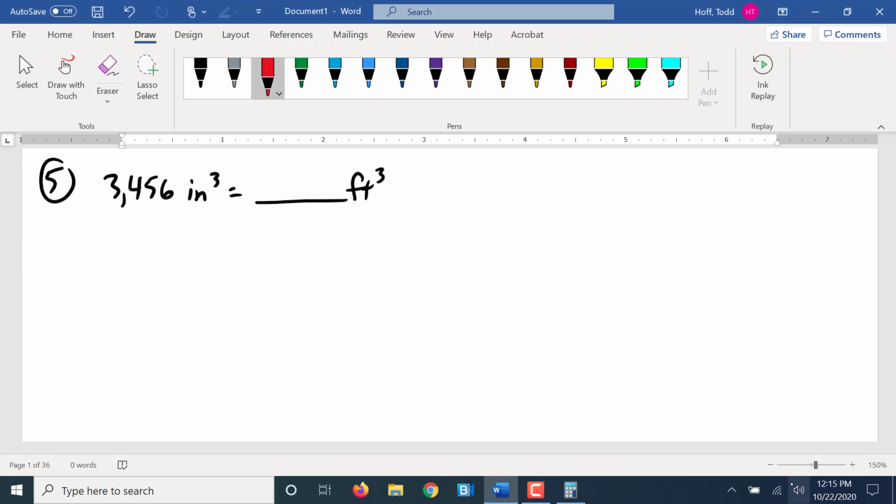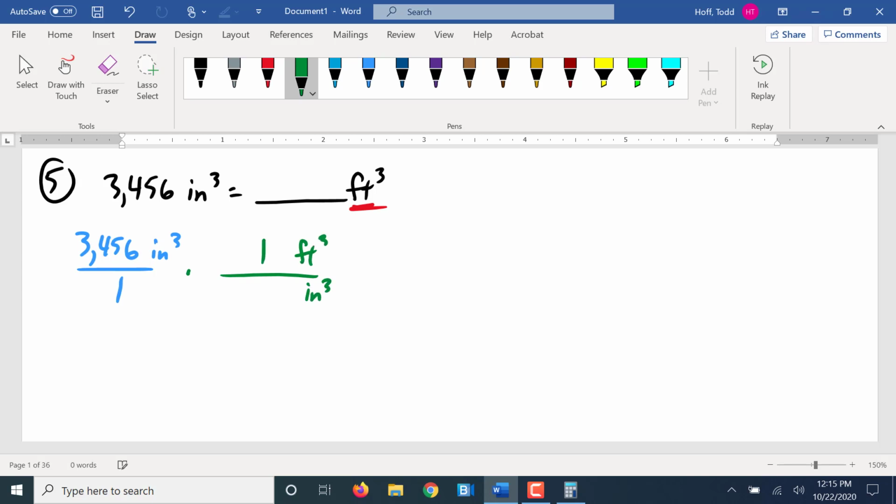Question number 5, 3,456 cubic inches going into cubic feet. We'll start out with our 3,456 cubic inches over 1. Now we're getting rid of cubic inches, so it's going to go on bottom. Cubic feet will go on top. 1 cubic foot is 1,728 cubic inches.